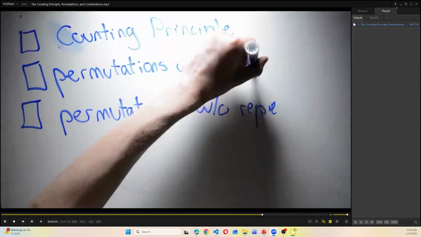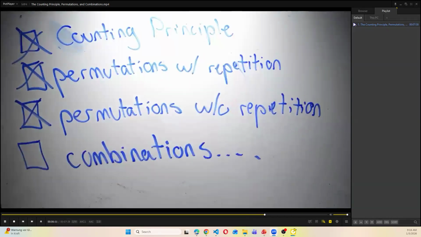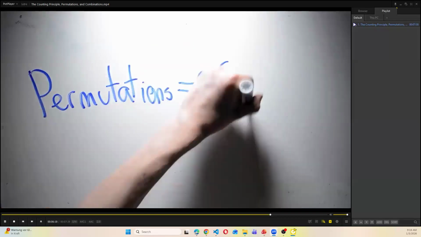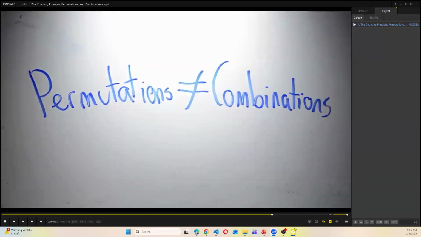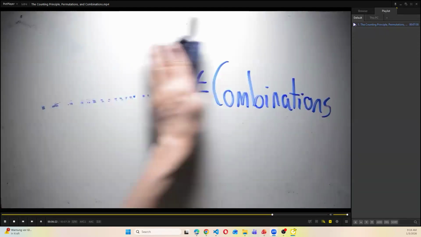Okay, so far we've covered the counting principle, permutations with repetition, and permutations without repetition. So let's go over combinations without repetition. Before we start, I have to make something clear. Permutations are different from combinations by this simple rule: permutations are different with each order of choices, and combinations are the same no matter the order. For example, let's say balls labeled 1, 2, and 3 are chosen in random order.